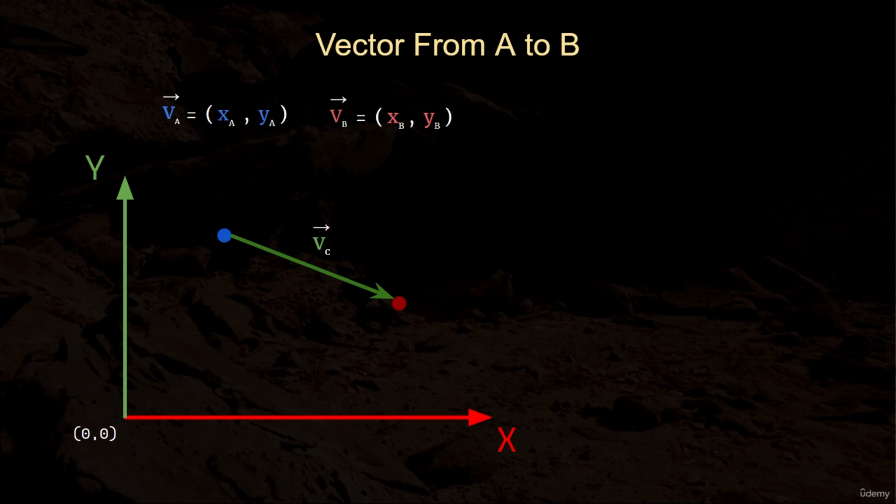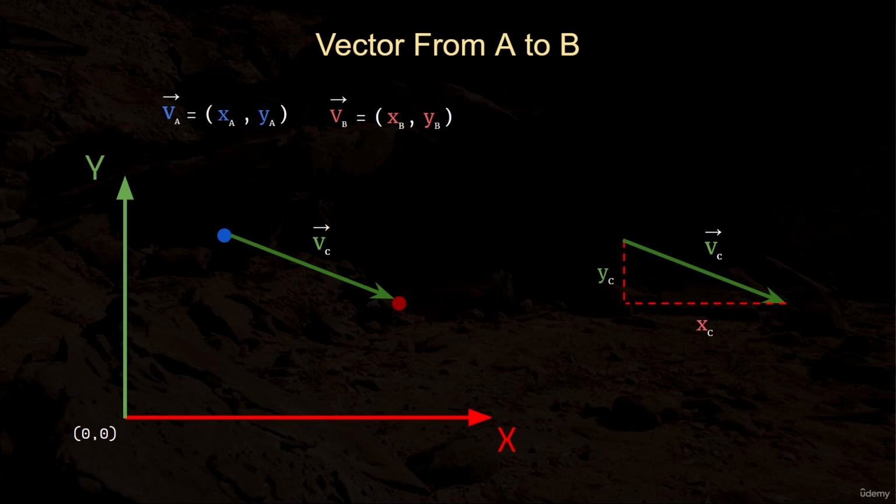In order to get the x and y components of the VC direction vector, we'll call them xc and yc. Geometrically, those values are these distances here, formed by this right triangle. xc is the distance in the x direction from the tail of VC to the head of VC, and yc, the y component of this vector, is the distance in the y direction from the tail of VC to the head of VC, and these distances are represented by these red dotted lines here.